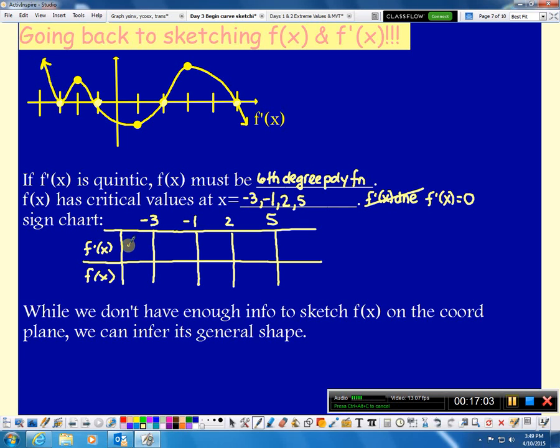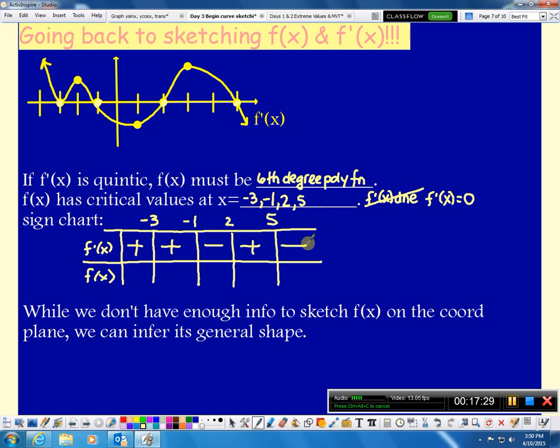From -1 to 2, my f' graph is below the x-axis, making it negative. Between 2 and 5, f' is positive. And from 5 onward, the graph dips below the x-axis and is negative. Therefore, f(x) is increasing, increasing, decreasing, increasing, decreasing. That would have been a better way to say that.